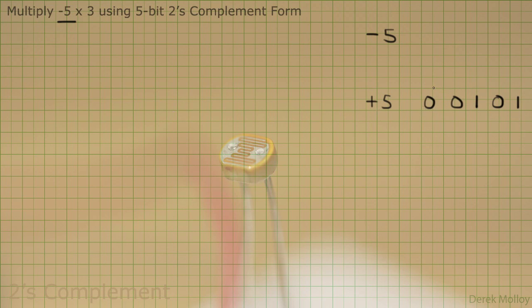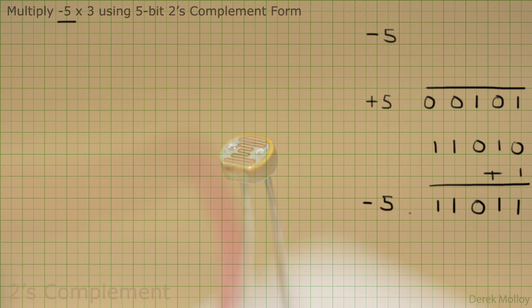So minus 5 is going to be the 1's complement of this, which is 1, 1, 0, 1, 0, plus 1 to get the 2's complement. We add that on, 1, 1, 0, 1, 1. So that's minus 5 in our 2's complement form.